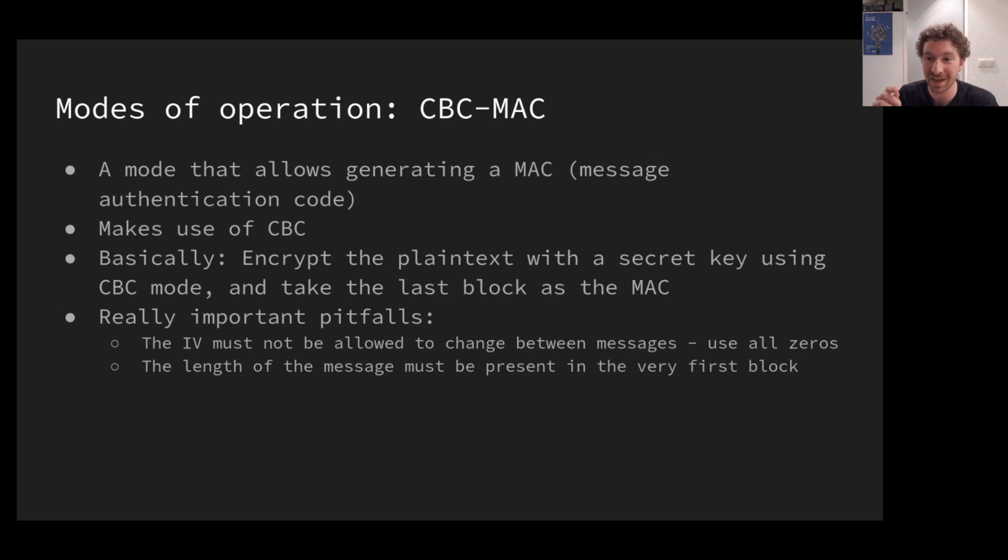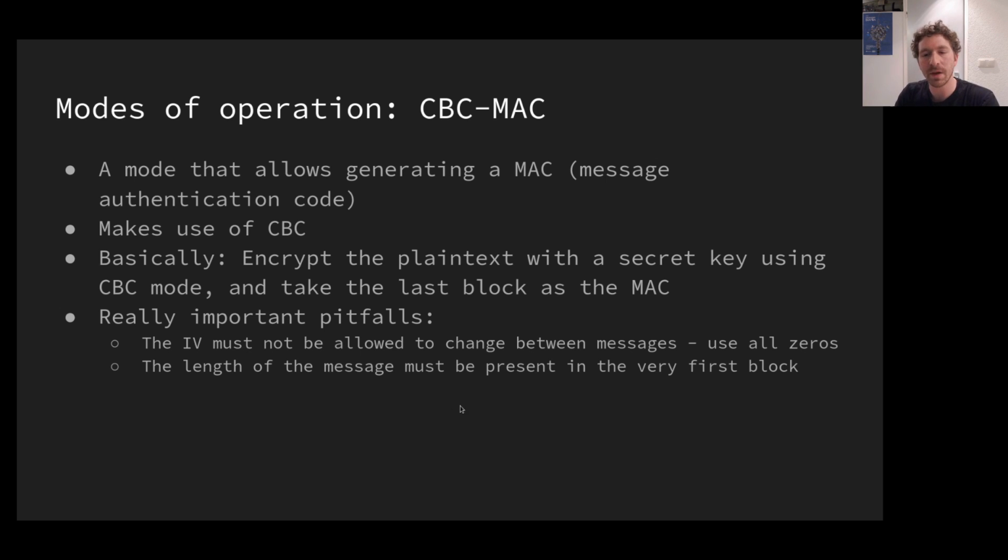That is because in this configuration, you end up leaking information if you don't do that over the course of multiple messages. Oh, sorry, that's not true. I'll show you what happens in a second. It's not over the course of multiple messages. It's actually to prevent an attack that can allow you to change the first block of the plain text without having any impact on the MAC. So we'll take a look at that in a second.